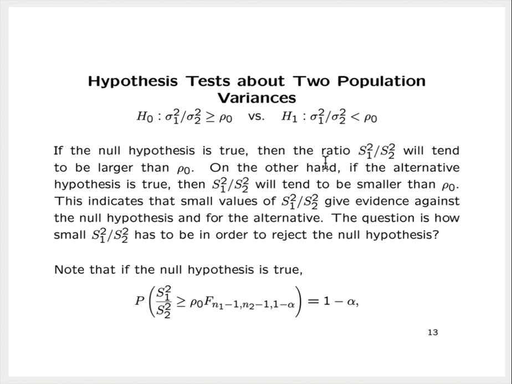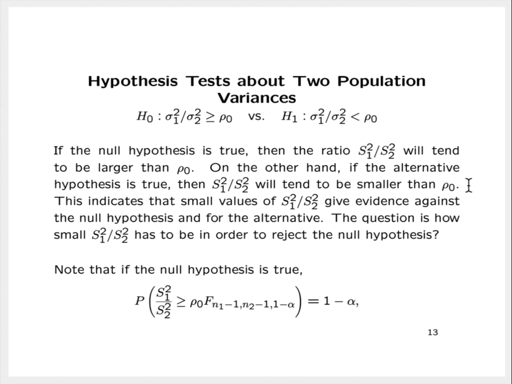On the other hand, if the alternative hypothesis is true, in other words, if the ratio of the population variances, sigma 1 squared over sigma 2 squared, is something less than rho sub 0, then S1 squared over S2 squared will tend to be smaller than rho sub 0.